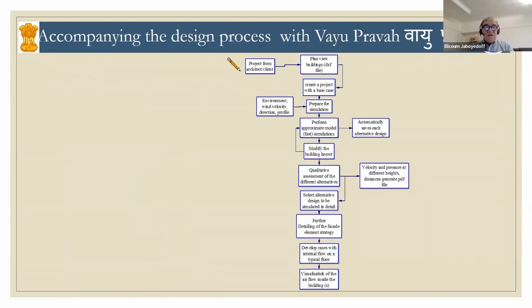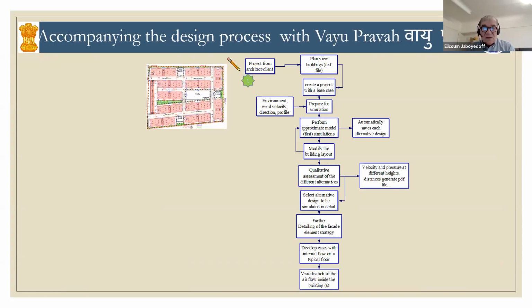So the main idea of this software is to accompany the design process in real conditions, in a sense. First, you have drawings from the architect. You take them in a DXF format, clean them a little bit, see if there are too many things, so that you can introduce them into the software, which is quite simple to do.